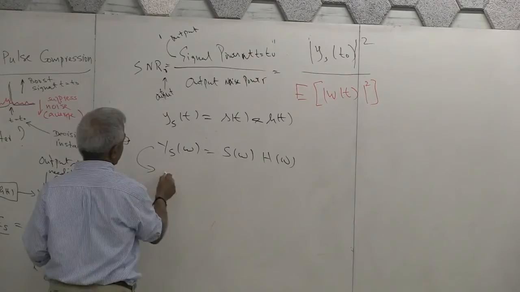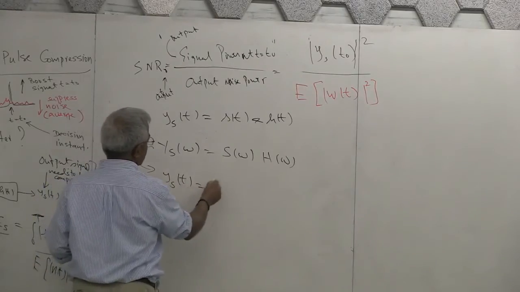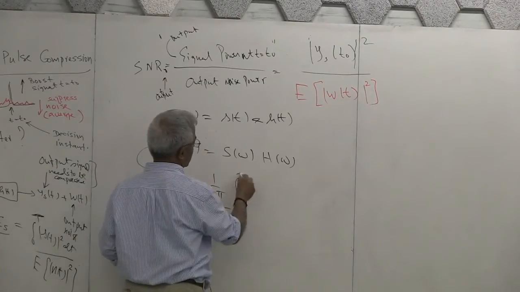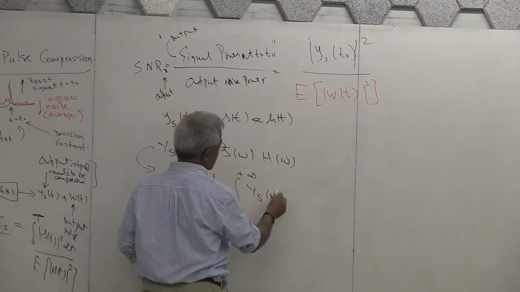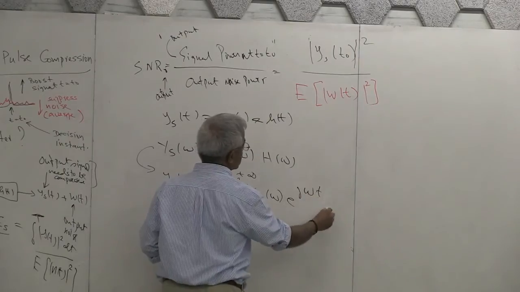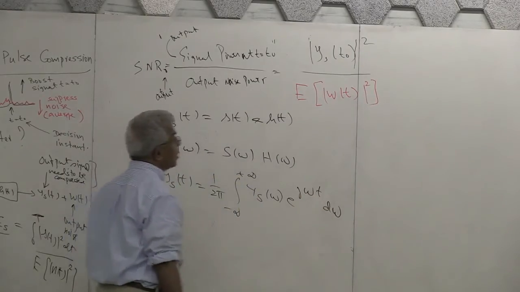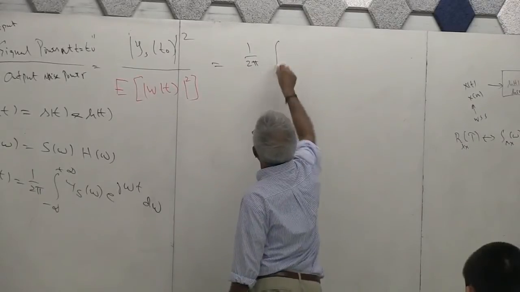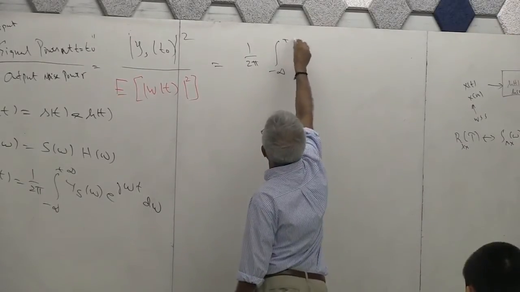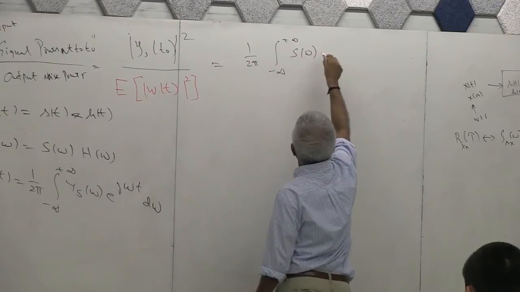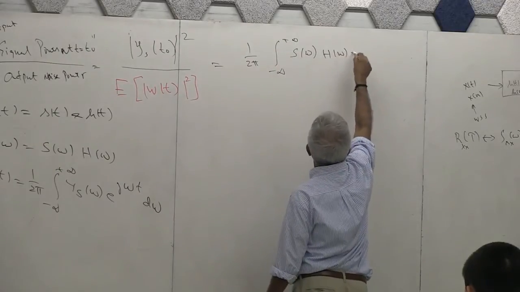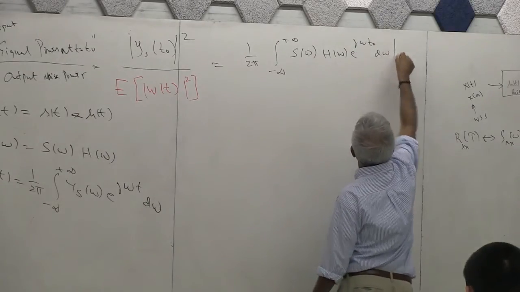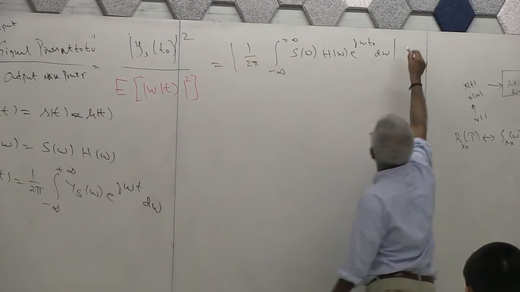From here, you can also write y_s(t) as the inverse transform of Y_s(omega). So let me use this last expression. This reads now: 1 over 2 pi, integral from minus infinity to plus infinity of S(omega) H(omega) e raised to j omega t naught d omega, absolute value squared.